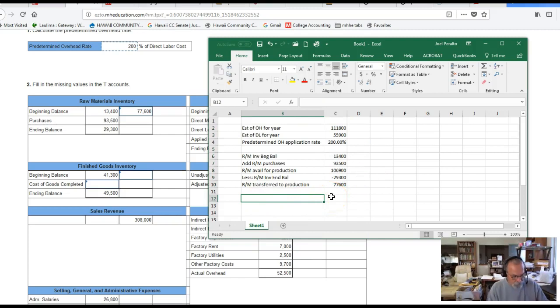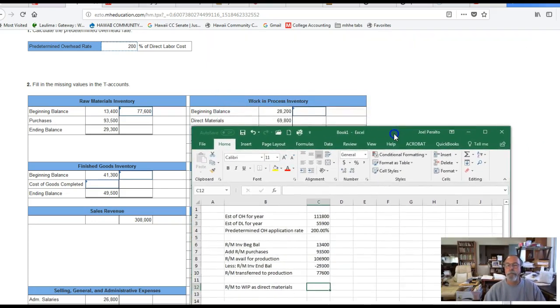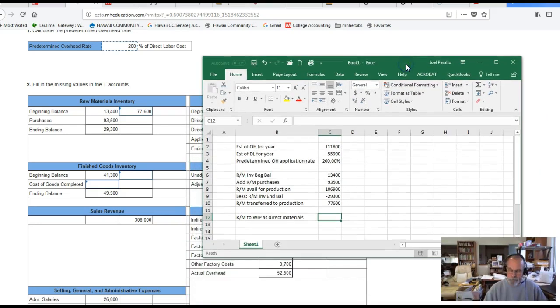Okay, so our raw materials to WIP, work in process as direct materials, is right here at the top of that Excel spreadsheet, 69.8.